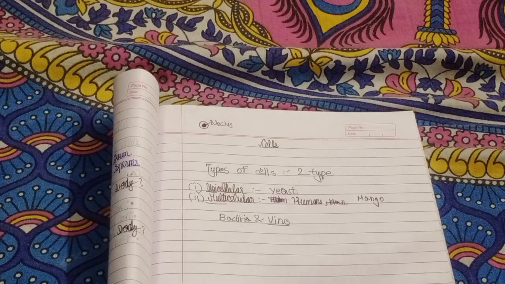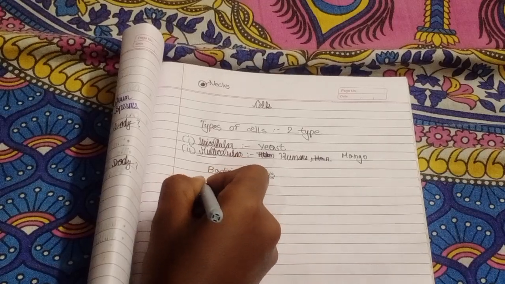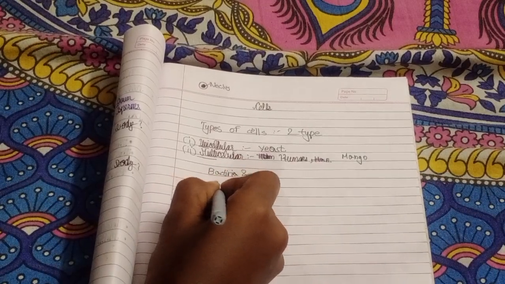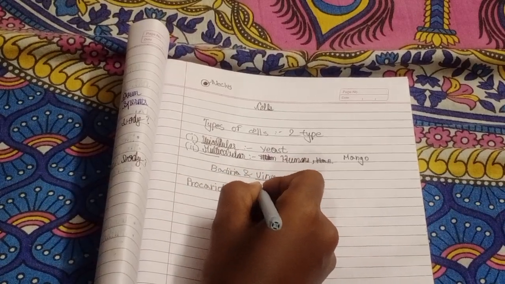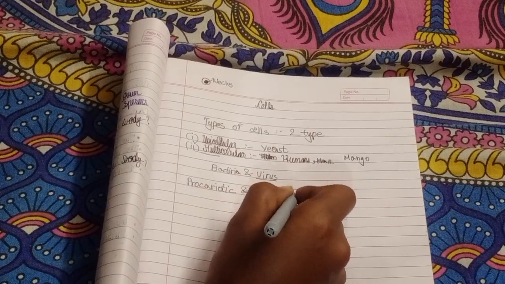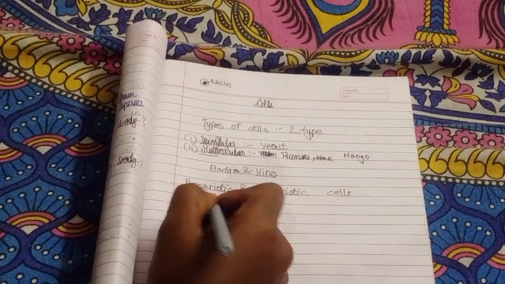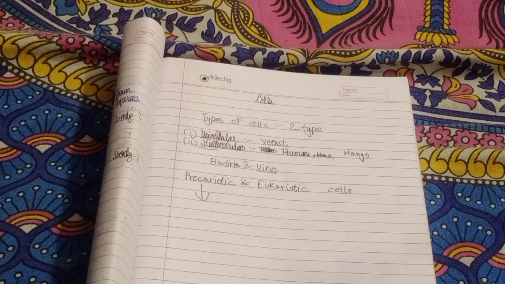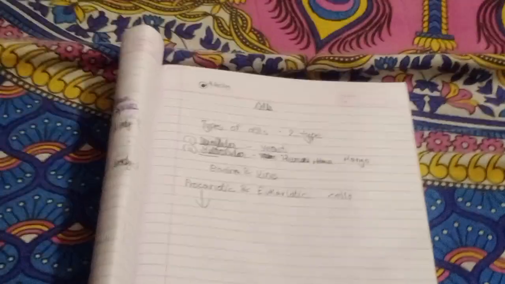So let's discuss the prokaryotic and eukaryotic cells. So what is a prokaryotic cell, friends? Prokaryotic cells means the cells which have, for example, bacteria.